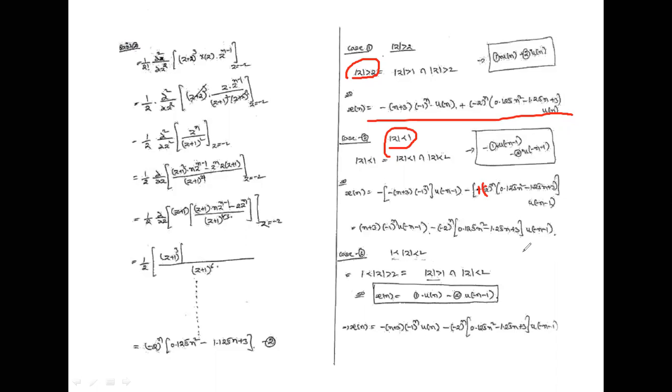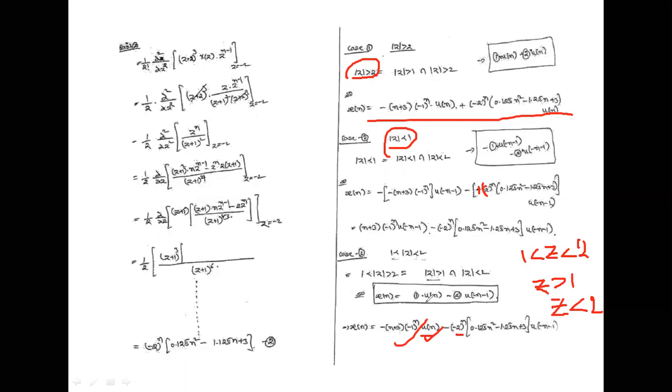In between 1 less than z and less than 2 means z is greater than 1 and z is less than 2. So greater than you can multiply with the mu of n without keeping the minus here. And less than means before that you can keep the minus and becomes a minus mu of minus n minus 1. Wherever the value is 1, write in the right hand side. Wherever the value is 2, you can write in the left hand side.